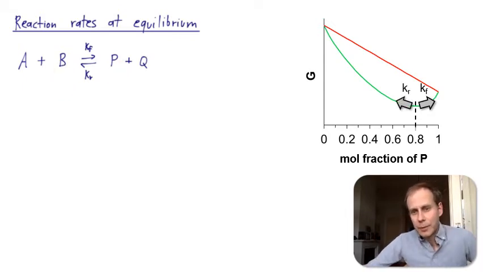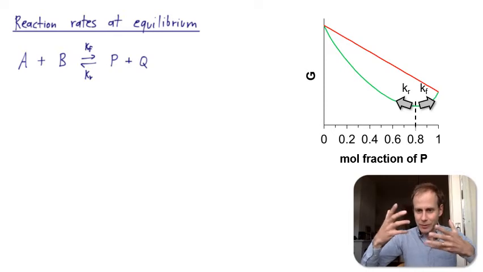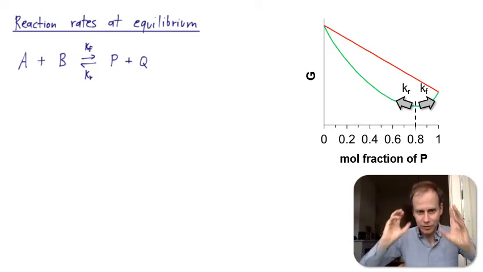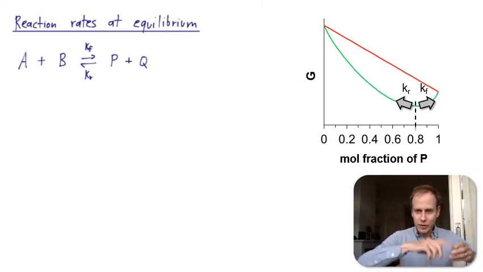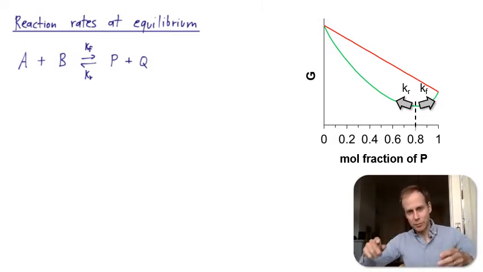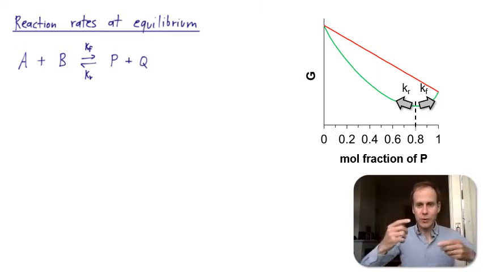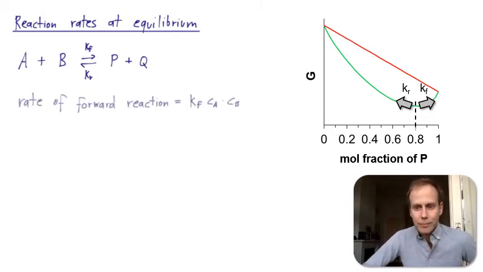And these two are now in equilibrium. So when the system has reached its equilibrium, there's a continuous reaction of A and B to products and products to A and B. And both rates are basically the same, right? It's not static. It's not that there's a fixed concentration of products and reactants, but there's a continuous transition from reactants to products and products to reactants. Just the rates are the same at equilibrium.